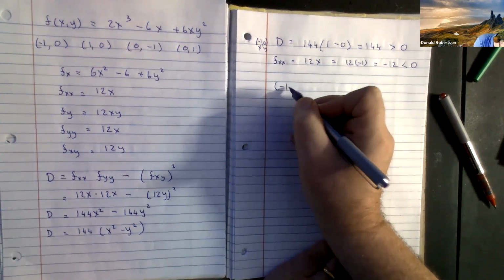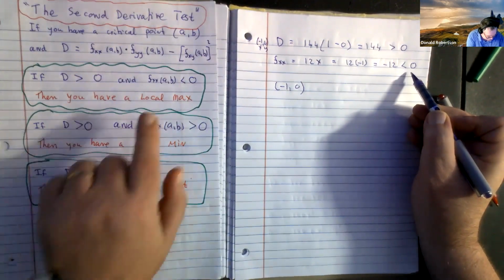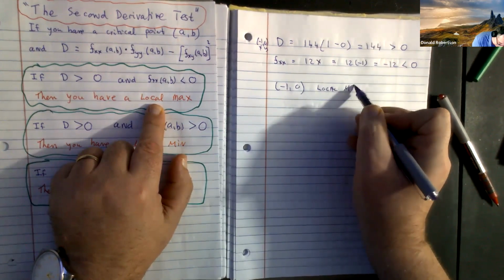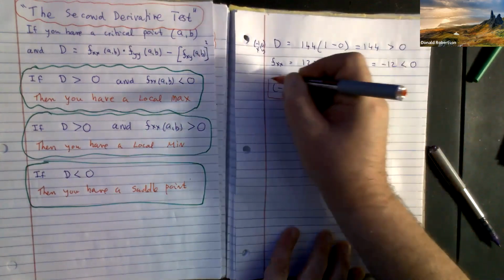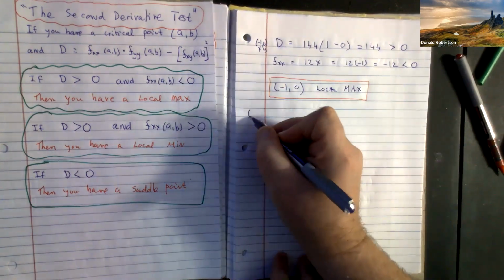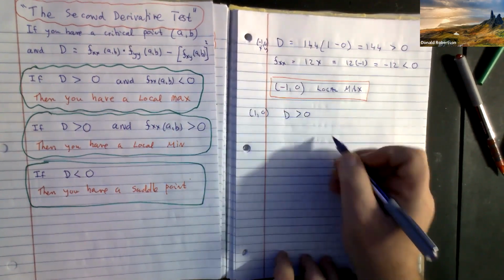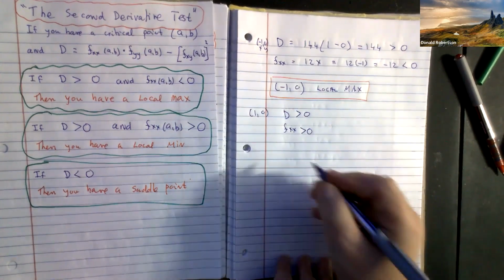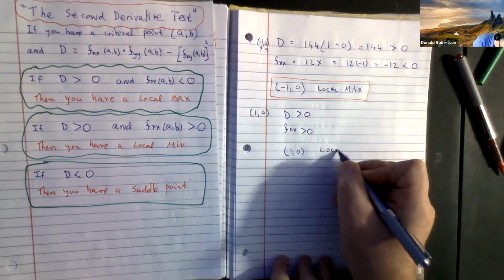So at the point -1, 0, at that critical point, d is positive, and that guy is negative. So that means this guy is a local max. So a little bubble around him. Now, if I try the next point, which is 1, 0, d ends up being positive, and f of xx also ends up being positive, which means at this point, 1, 0, we now have a local minimum.